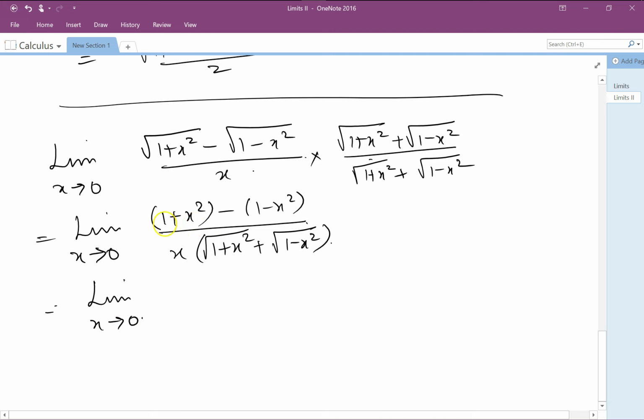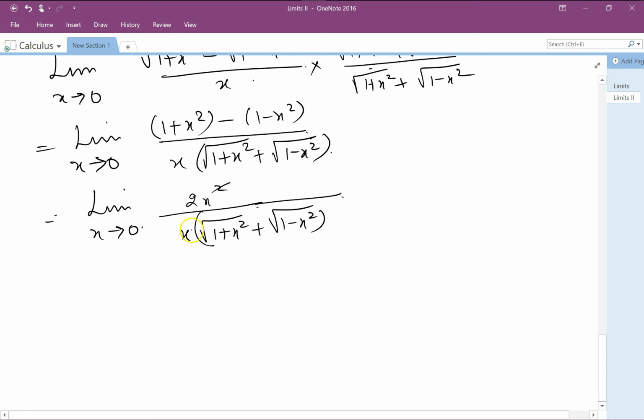Okay, so this is 1, this becomes minus 1. So this becomes 0. Minus into minus, this becomes x square plus x square, so 2x square.